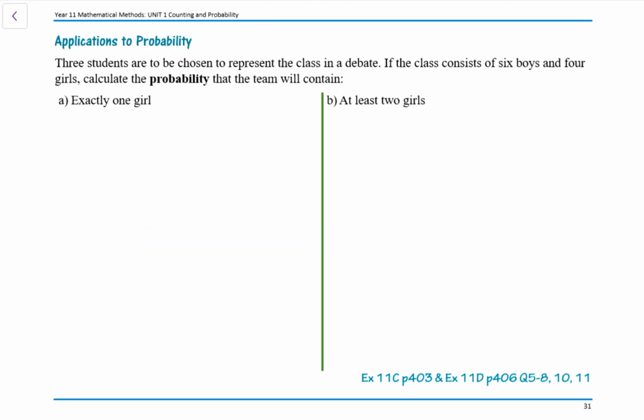Now, applications to probability. 3 students are chosen to represent the class in a debate. If the class consists of 6 boys and 4 girls, calculate the probability that the team will contain exactly 1 girl. Okay, so for number 1, we have 6 boys and 4 girls, so 10 students in total.